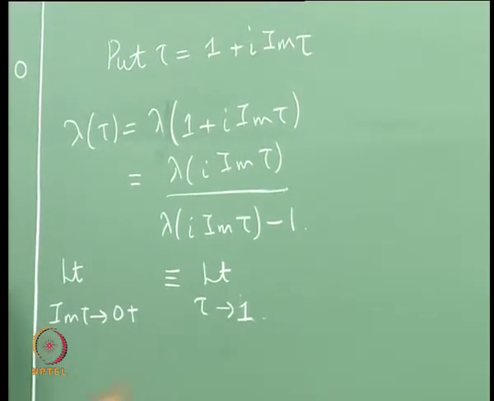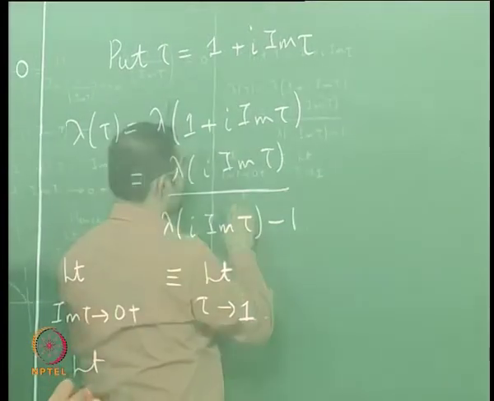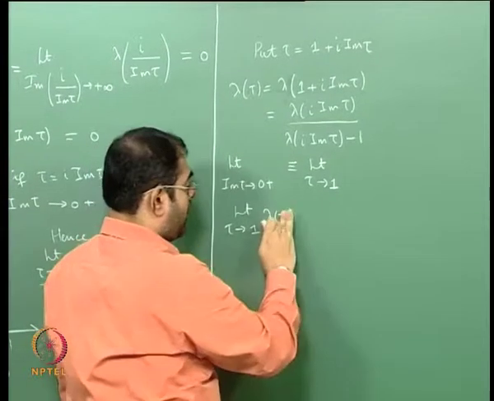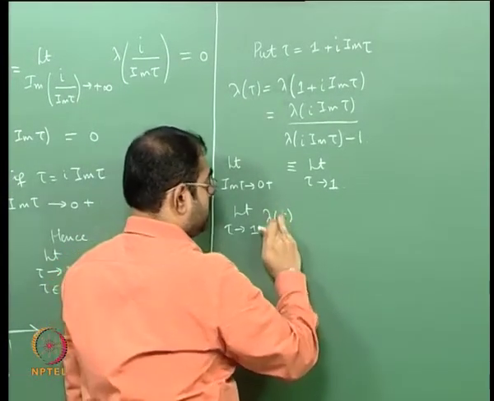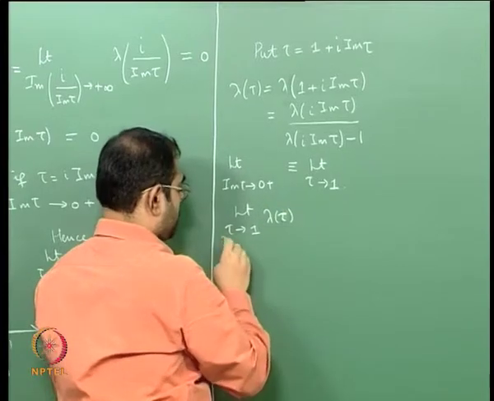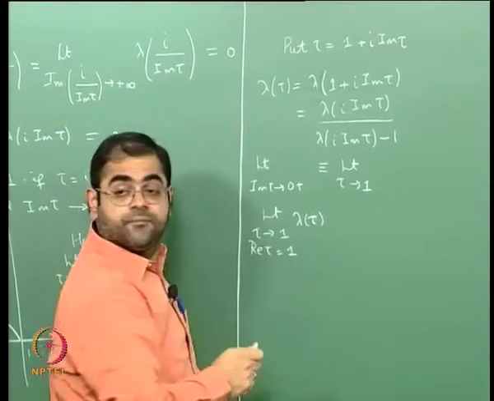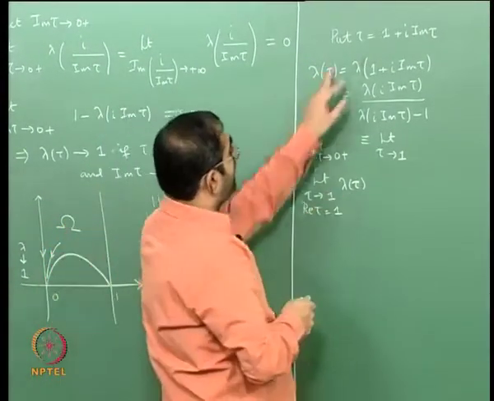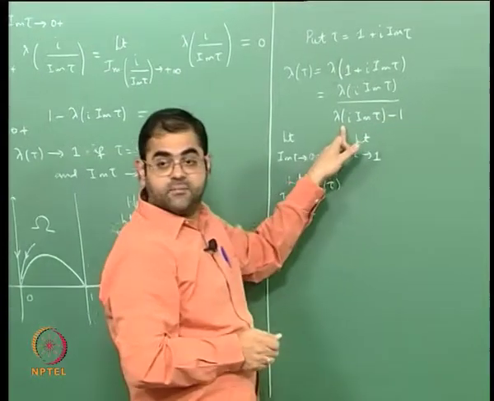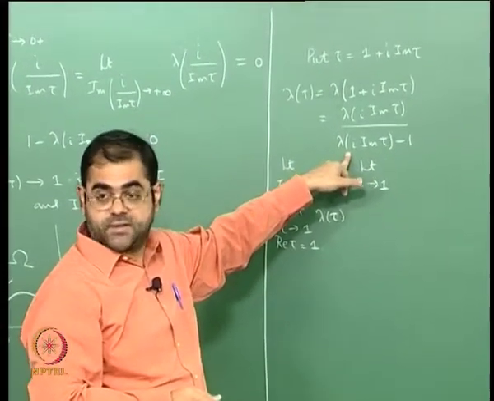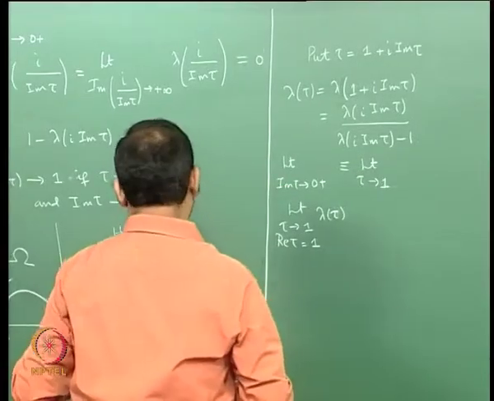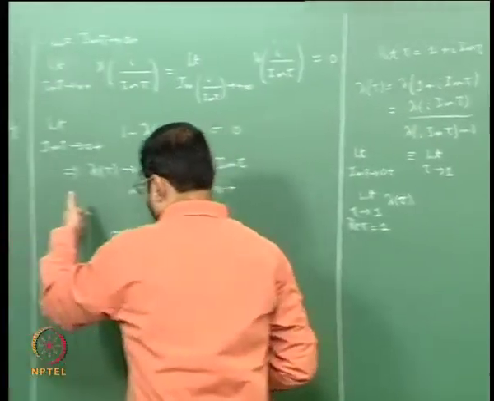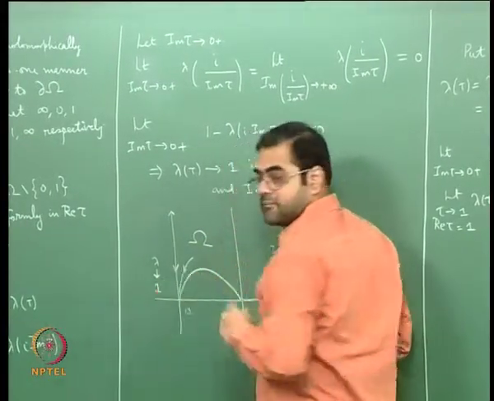Okay, and therefore the limit as tau tends to 1 of lambda of tau, of course with the real part of tau equal to 1, is, for this side I can take the limit as the imaginary part of tau tends to 0 plus, but I have just now proved that if the imaginary part of tau tends to 0 plus, I times the imaginary part of tau is here and lambda approaches 1.